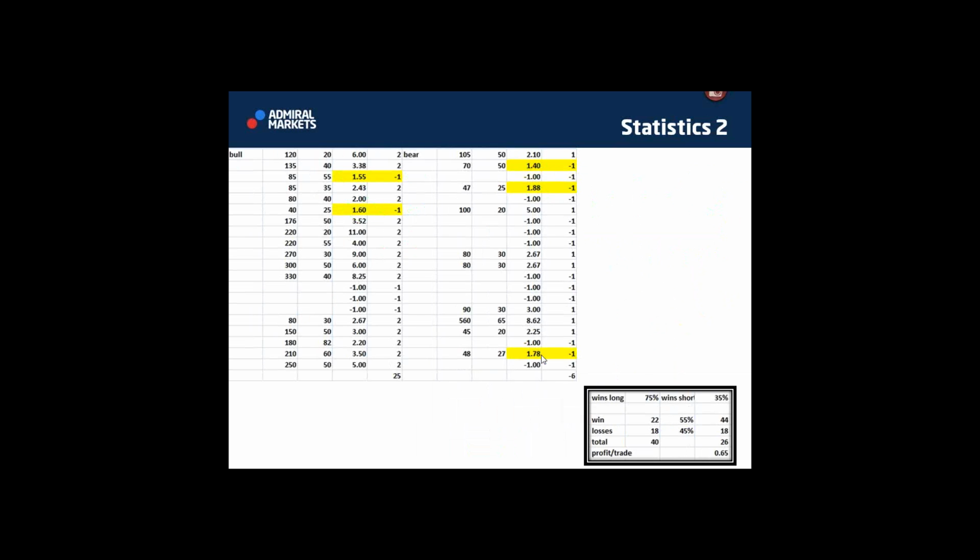So we had 27 wins with a 1-to-1, went down to 22. But because we won twice as much, we actually earned 26% instead of 14. So we almost doubled the reward, which is great and makes it worth those results.